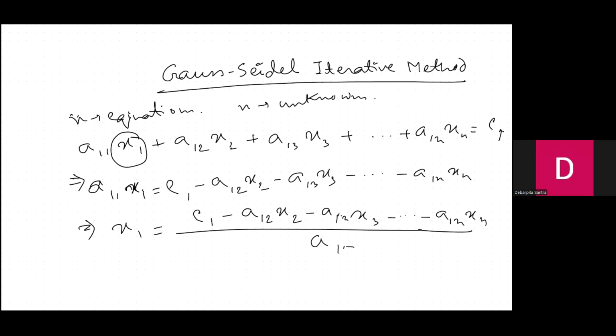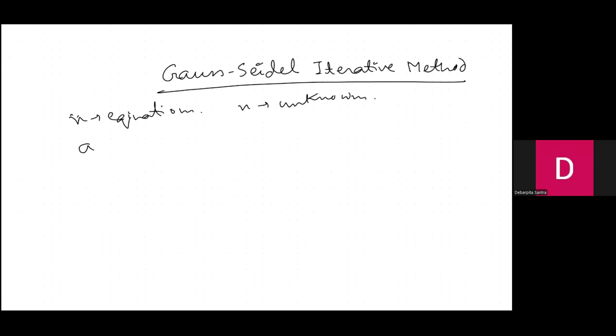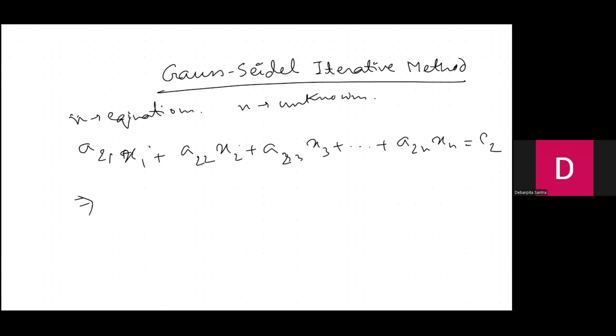Suppose we have found the value of x1. Similarly, we have n equations as we have already said. The next equation is a21x1 plus a22x2 plus a23x3 plus up to a2nxn is equal to c2. From here we can find the value of x2 like this. a22x2 is equal to c2 minus a21x1 minus a23x3 minus up to a2nxn, taking these elements on the right hand side.